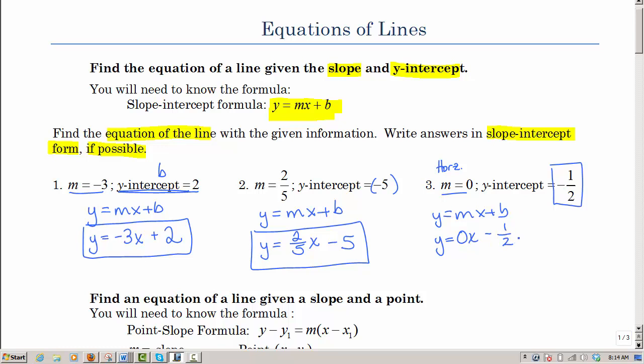You could write your answer like that, but let's make it a little prettier. 0 times x is 0, so we would get y equals negative 1/2. This is going to keep coming up just like it has in every other lesson. This is a horizontal line, and all horizontal lines look just like that. They only have a y.